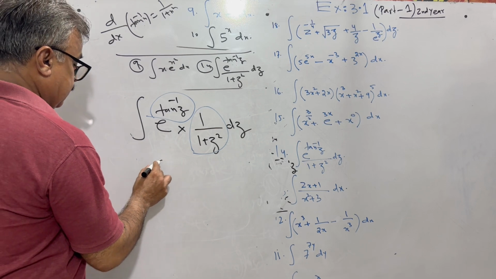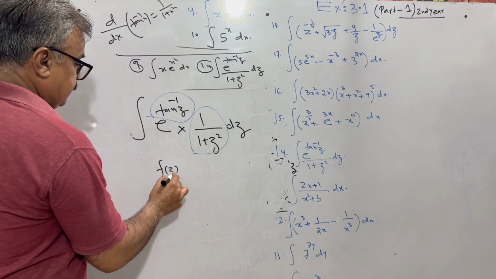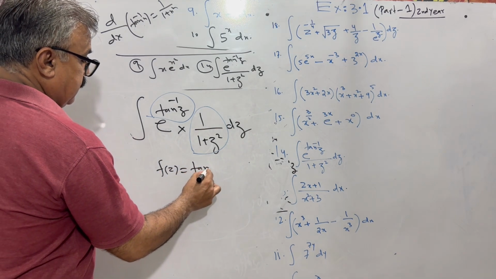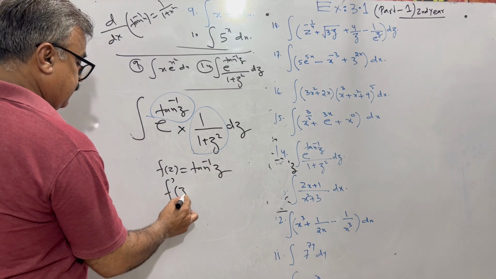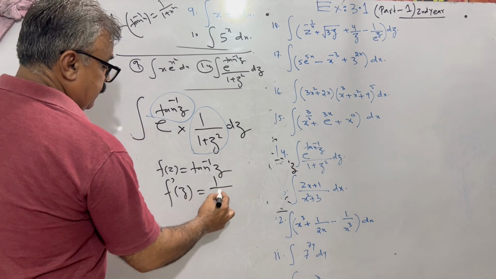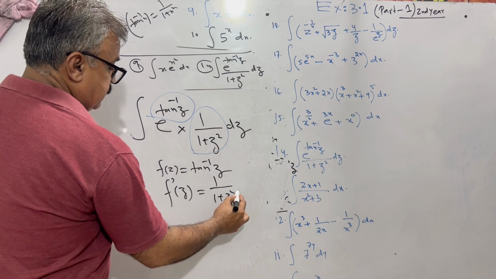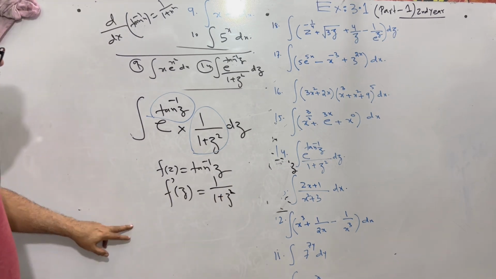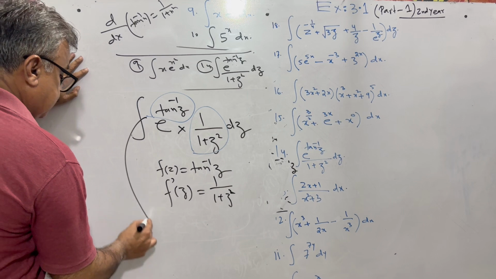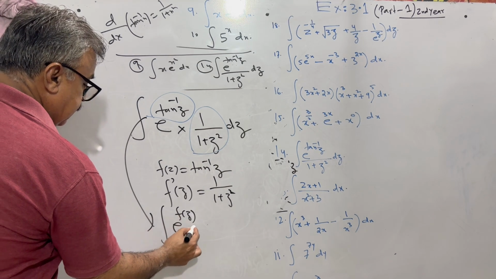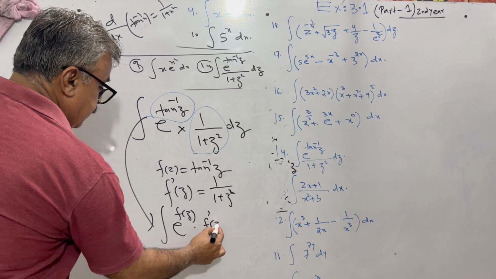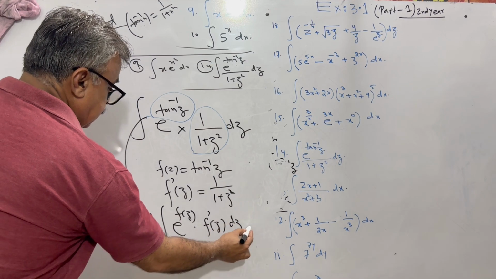Suppose our function is f of z equals tan inverse of z. Its differentiation, f dash z, is 1 over 1 plus z square. Put the values here. It will become e raised f of z times f dash of z dz.